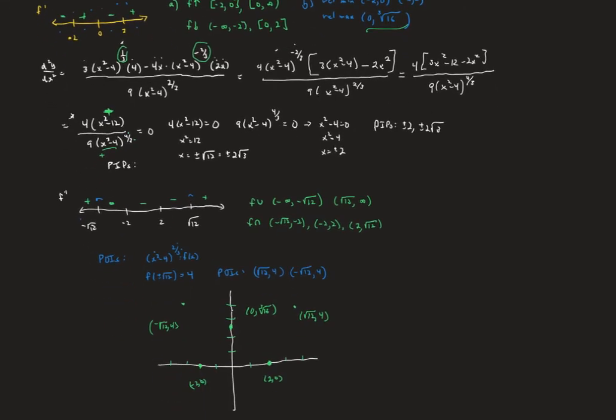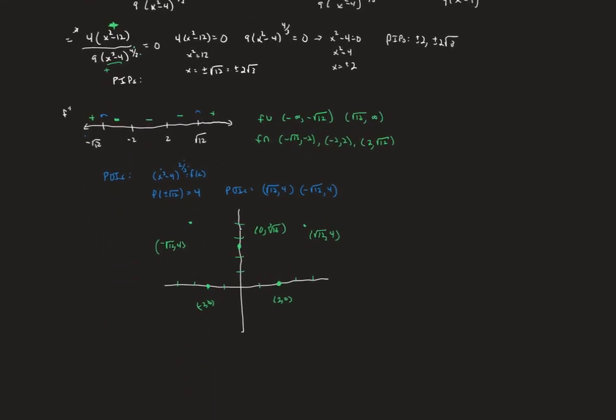So decreasing and concave up, then decreasing and concave down. Increasing, concave down, decreasing, concave down, increasing, concave down, increasing, concave up. And so you get something like that.